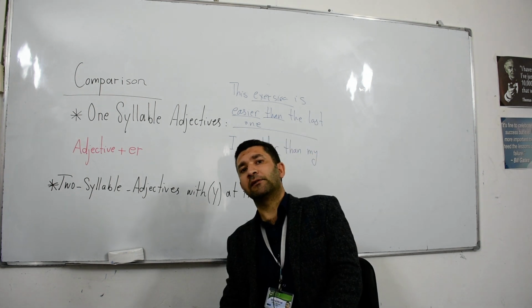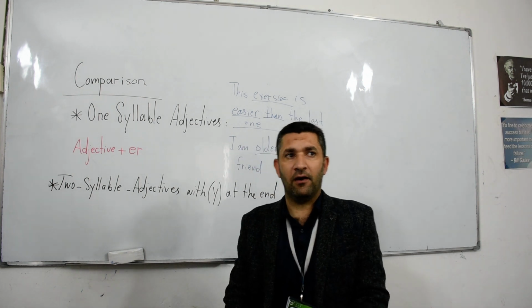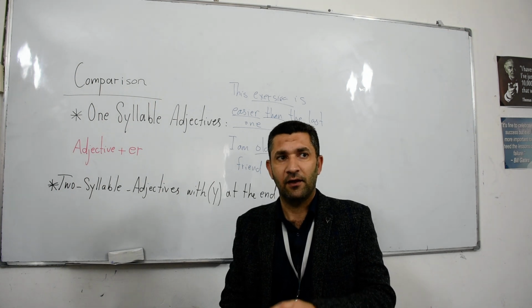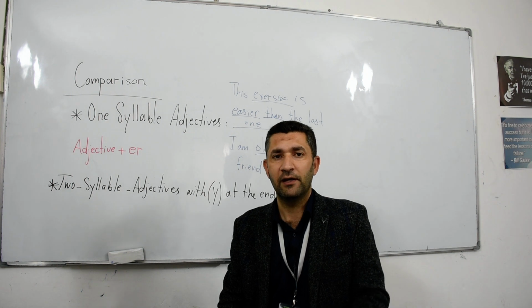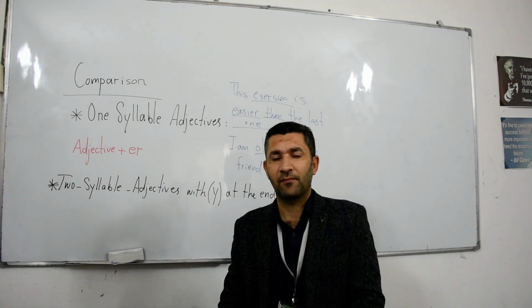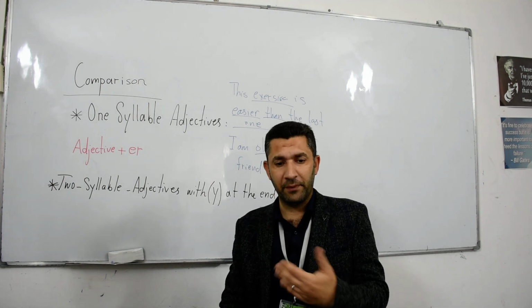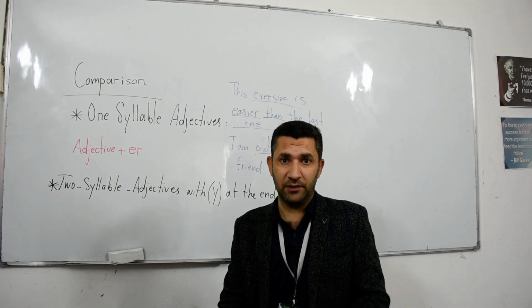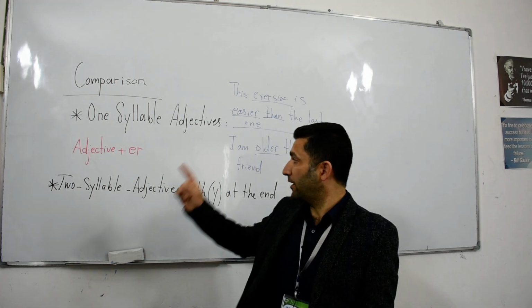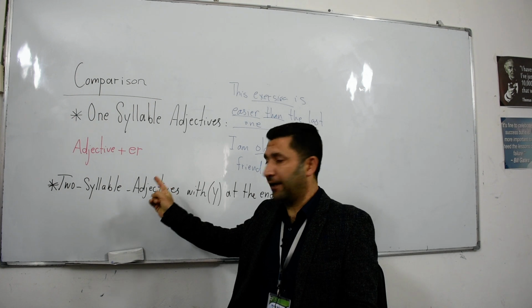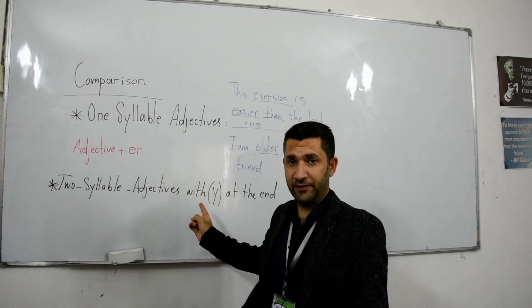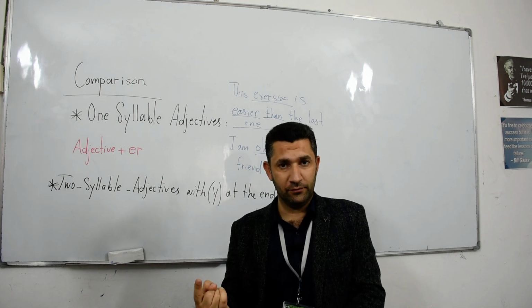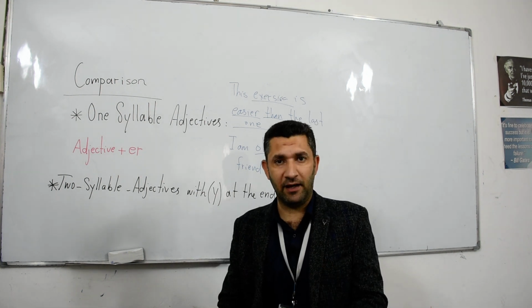So my friends, finally, I don't want to say that that is everything about the use of adjectives in English. No, it is a part of that. The next part will be discussed with the next video, and we're going to talk about what we will do if we have again two-syllable adjectives, but we don't have the y at the end. And also we have the irregular adjectives.